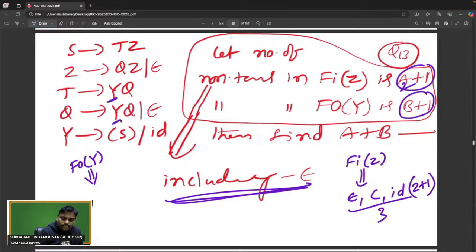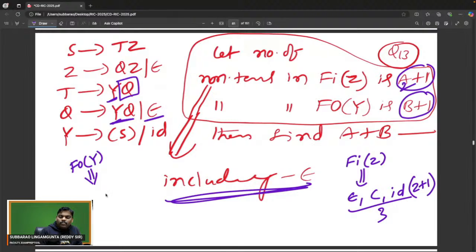There are two places. Follow of Y is first of Q. What is the first of Q? First of Q is equal to first of YQ.